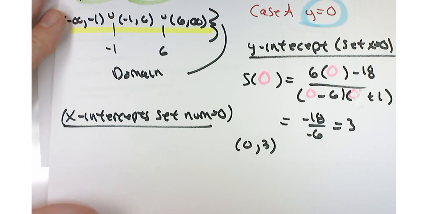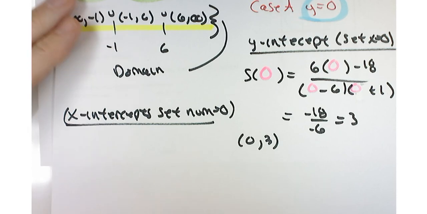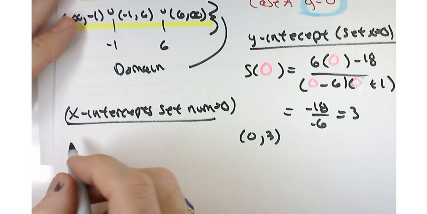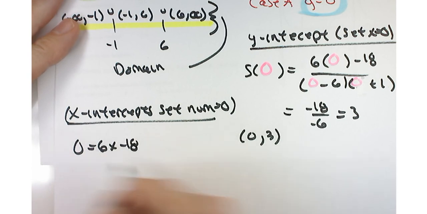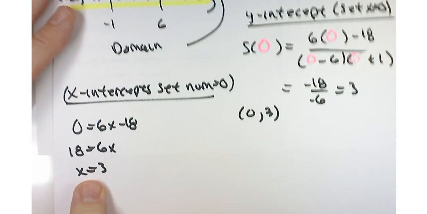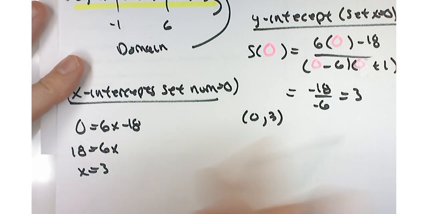If you set the denominator equal to 0, you'll find the vertical asymptotes. If you set the numerator equal to 0, you find the x-intercepts. So I get 0 equals 6x minus 18, and if I solve for x, I end up with x equals 3. I flipped it around there a little bit, that's okay. So I've got the points 0, 3 and 3, 0.